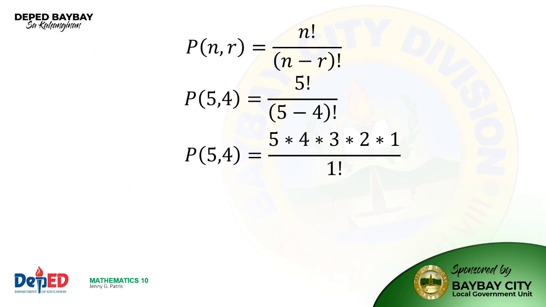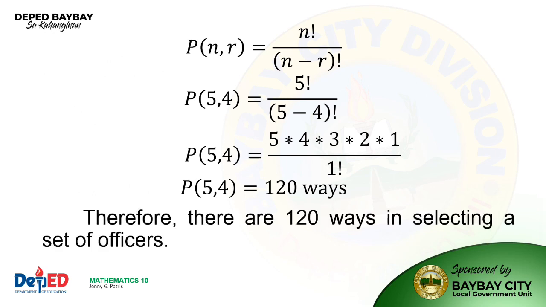By simplification, it is equal to 5 times 4 times 3 times 2 times 1 divided by 1 factorial. The permutations of 5 taken 4 at a time is equal to 120 ways. Therefore, there are 120 ways in selecting a set of officers.